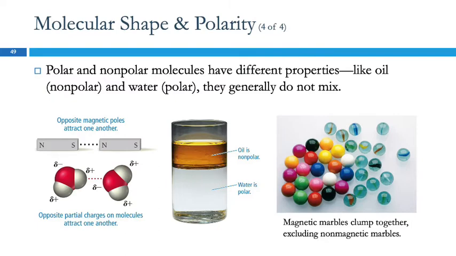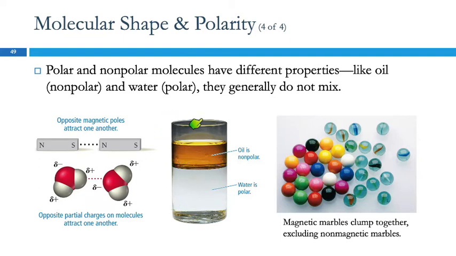So the polarity of molecules is important because it is very predictive of some of their properties. Here we have a container with oil, could be vegetable oil, and water, like Italian salad dressing without the flavorful stuff, right?